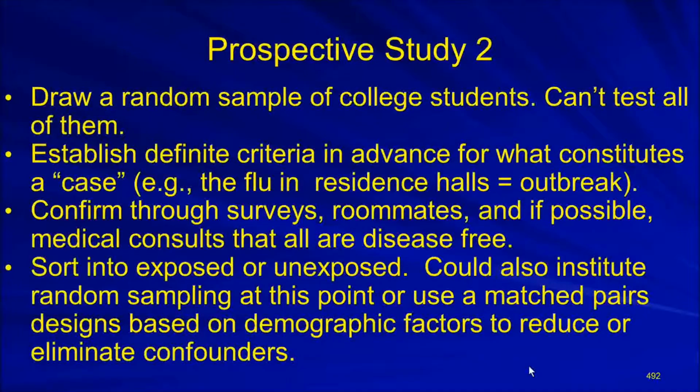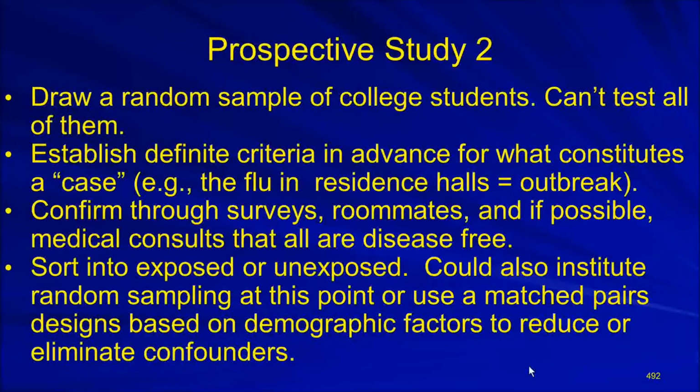Okay, because we don't want to include those people as having the flu because they're a totally different group, and we wouldn't want them intermixed, which means confounding, with our group that we've decided are our cases. And so we're going to confirm this through surveys, roommates, and if possible medical consults to make certain that all are either disease-free or have the disease.